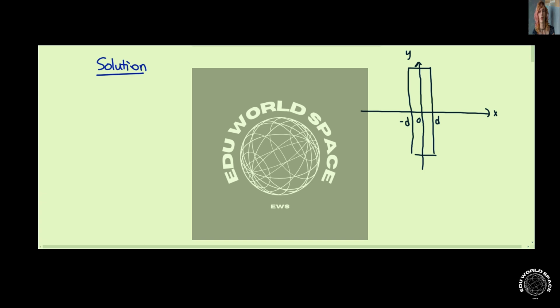For x equals 0 at the center of the slab, this line is symmetrical. It's a line of symmetry of the slab.